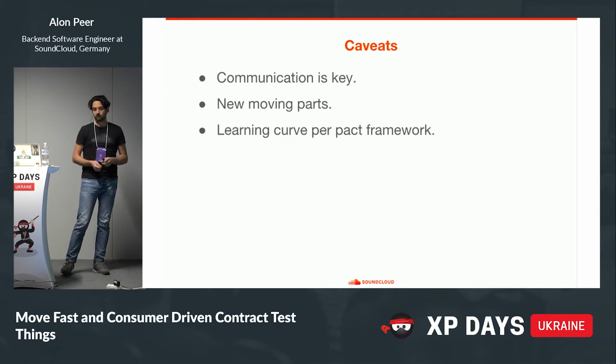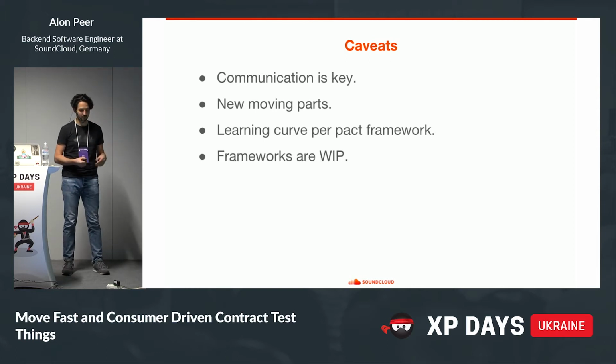There's also some learning curve when we introduce this new framework. I can certainly say that it took me about a month to get Pact.jvm to work the way I wanted it to. I also had to fix some bugs there, and this leads me to the next point, which is that those frameworks are kind of work in progress.